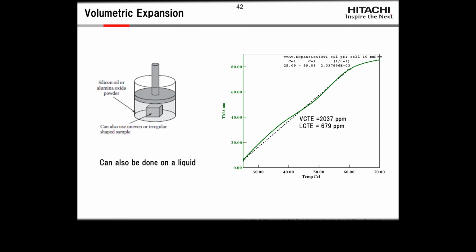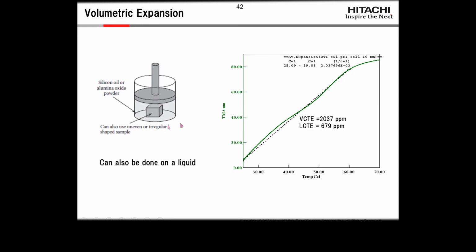Now, certain samples are irregular, or sometimes you just want to get the volumetric expansion, and the material can be irregular because it's a broken piece, or it can be irregular because it's got fibers or packing in it that has an orientation. And then we can use a volumetric expansion approach. We can do silicone powder, we can put an oil or a liquid in here, we put a top on it and drop the probe on the top.